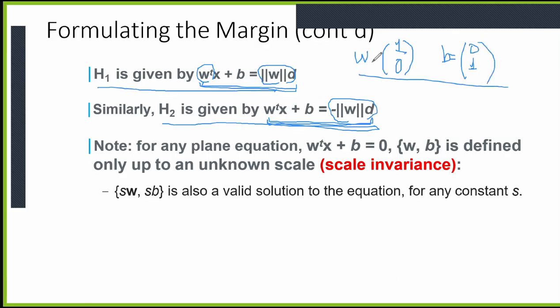This is one set of the weight-bias combination, and we could scale each of them by a factor of 2.